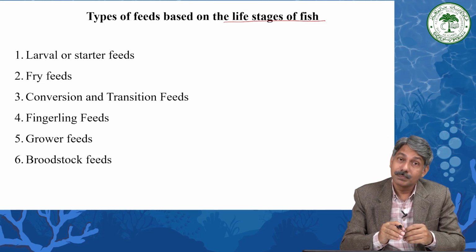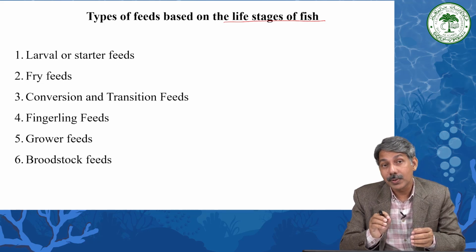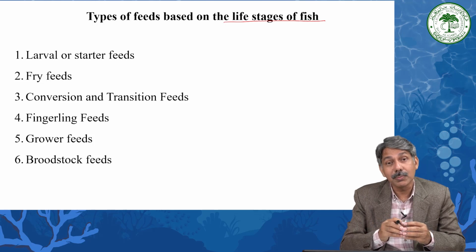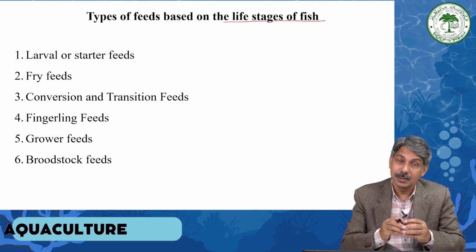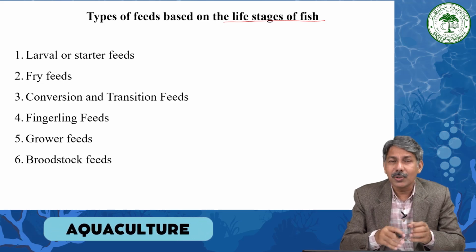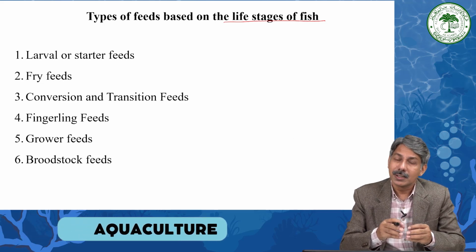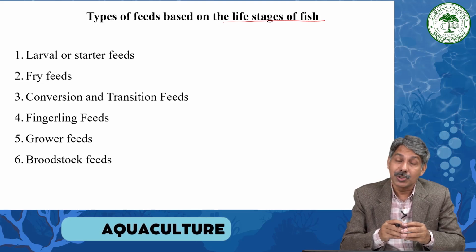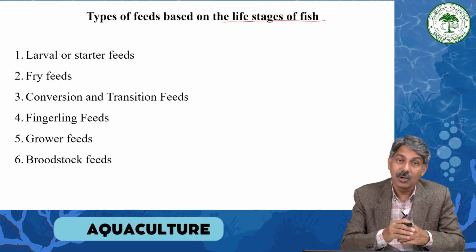Similarly, fry also need food which is suitable for their mouth size. Not all fishes show a nibbling type of feeding method. So depending on the biology of the fish, the biology of the life stage which you are rearing in your pond, you need to decide on the type of feeds.